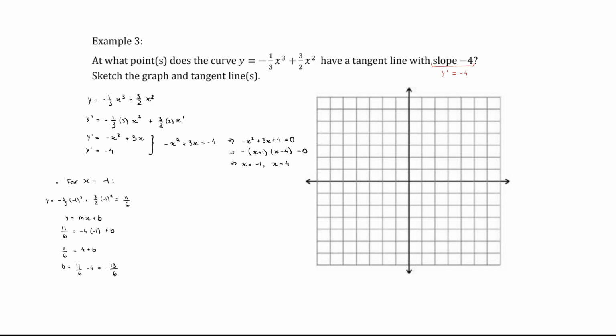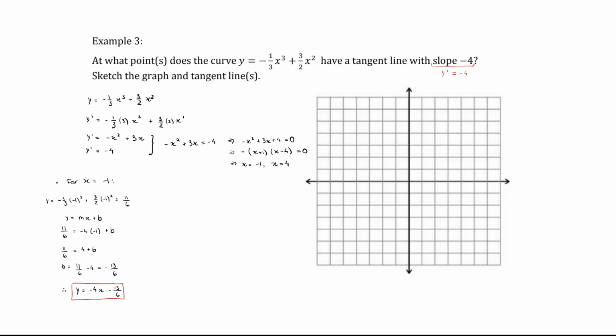So then we are going to have the equation y is equal to negative 4x minus 13 over 6. And this is going to be the first equation of the tangent line.